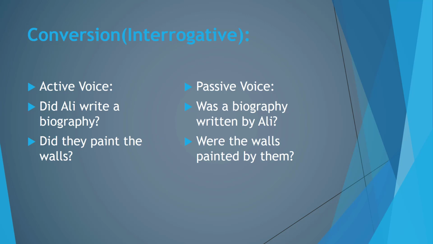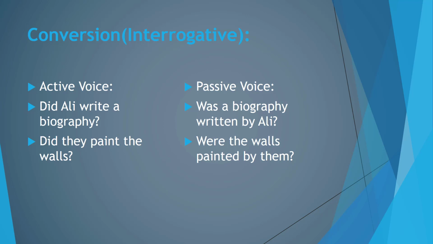Now we would learn how to convert interrogatives into passive voice. Interrogative sentences simply ask a question. For example, did Ali write a biography? Was a biography written by Ali? Did they paint the walls? Were the walls painted by them? If you analyze the formation structure, you would come to know that there are two major changes.